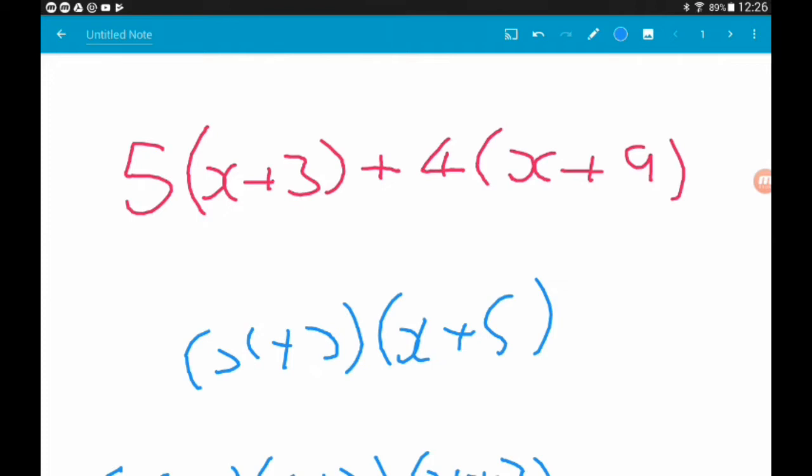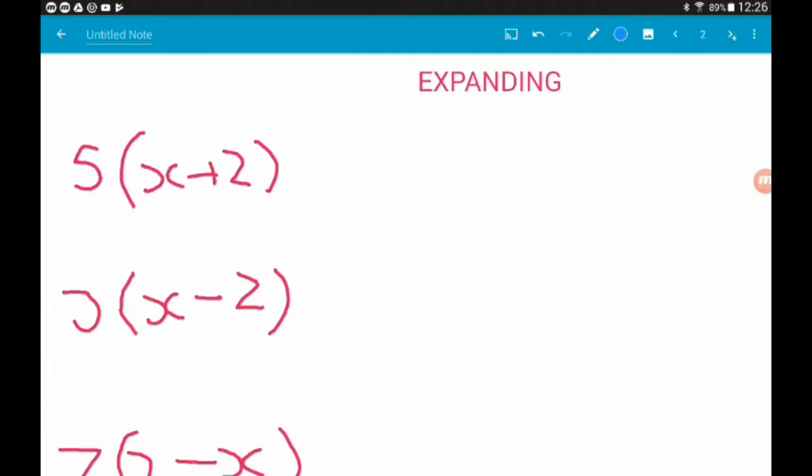So first of all, a quick reminder on expanding brackets. Expanding in real life means to make things bigger. In maths, of course, it means something different. When we are expanding, we are multiplying out brackets. So for this first example, where we have 5 sat next to brackets x plus 2, this means 5 times everything inside of the brackets.